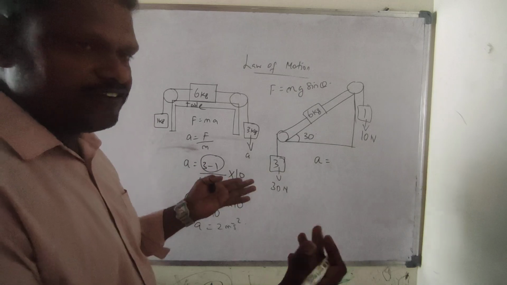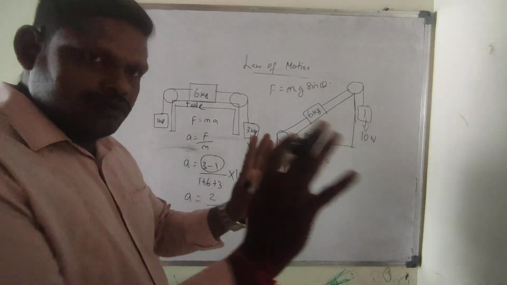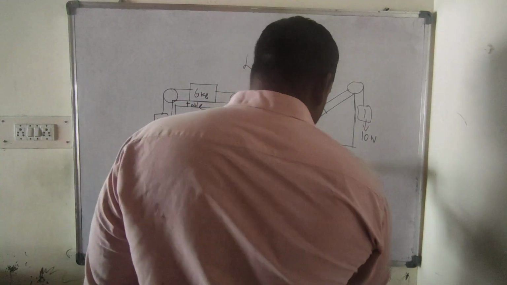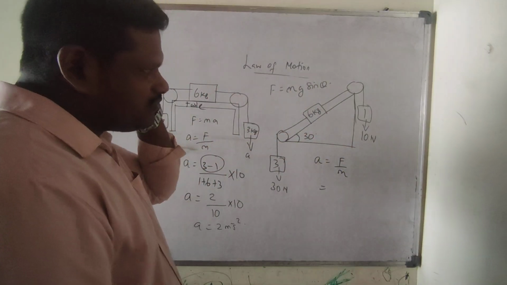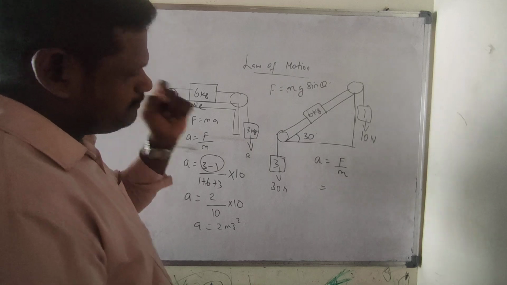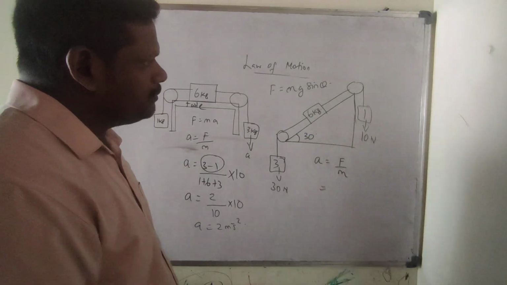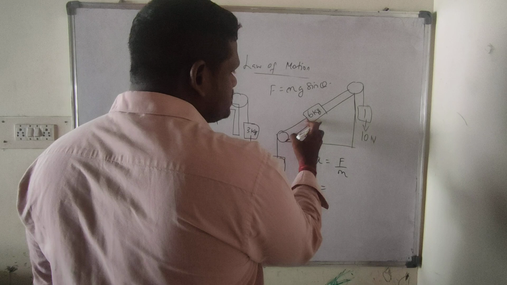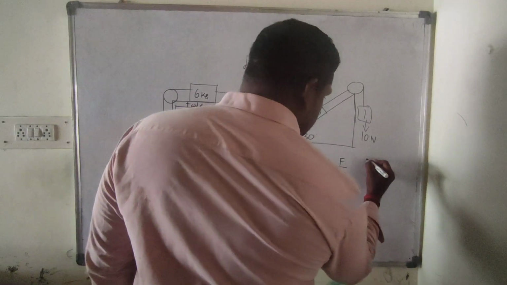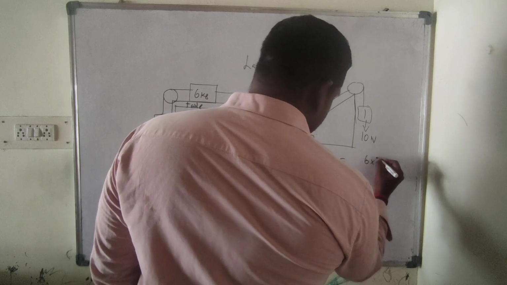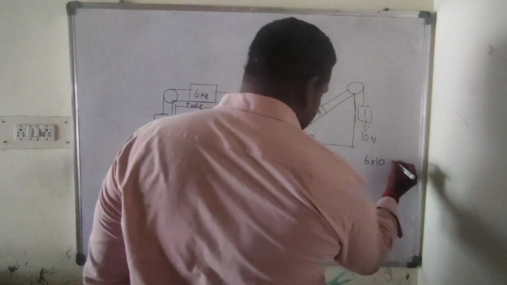Same concept, there is no difference. Acceleration is equal to force by mass. What is the force acting here? Simply, mg sin theta is the force acting here. M is 6, g is 10 and sin 30.